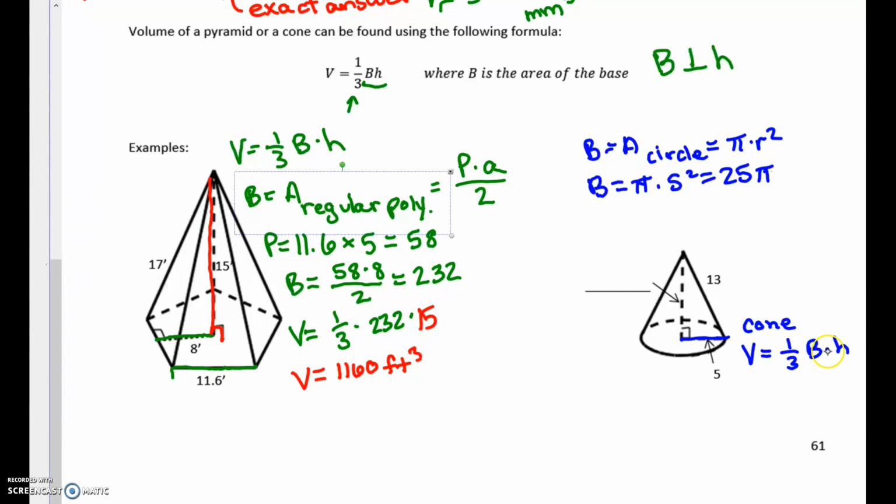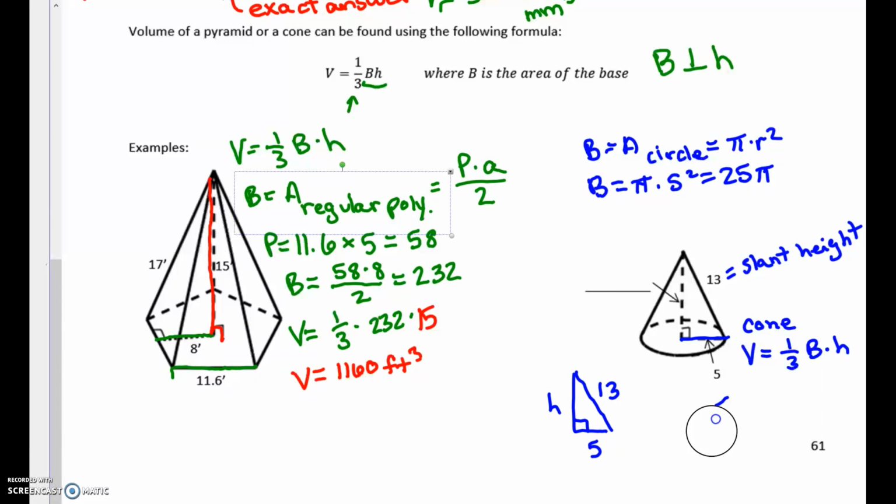Well, so we've got our B, it's 25 pi, but I don't have an h, because that 13, that's not the h, that's my slant height. And if you notice, it is not perpendicular to the base, so it cannot act as my height. But if you look here, this actually makes a right triangle with a base of 5 and a hypotenuse of 13, and we're just missing this h.